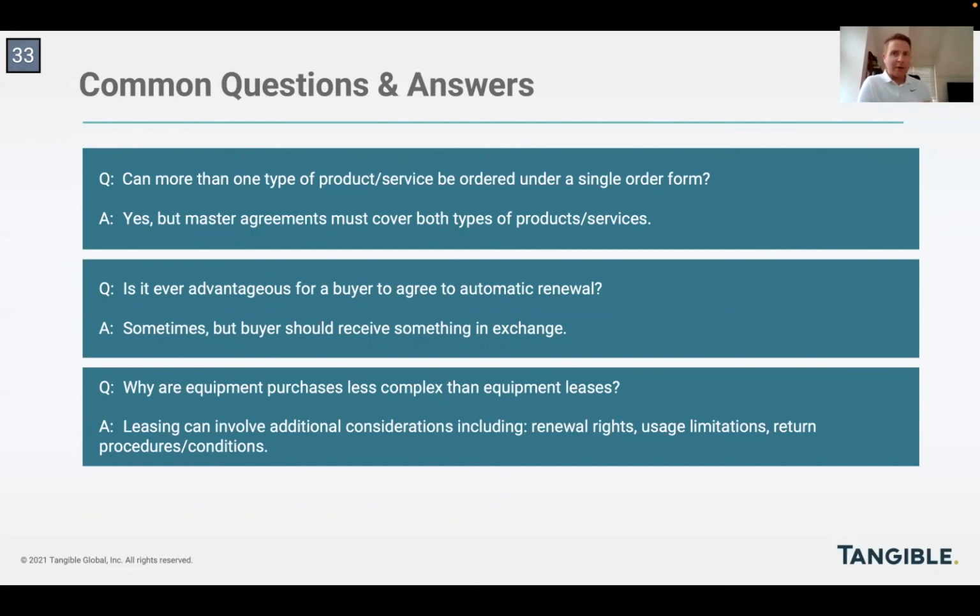A common miss in this area is for a vendor to throw in hardware items along with the software license, but you need to check the operative master agreement, because if there are no terms for the purchase of physical goods, then that purchase isn't going to work under a single order form. You'll need to break it into two order forms. So the answer is yes, but the master agreement has to cover both types of products and services.